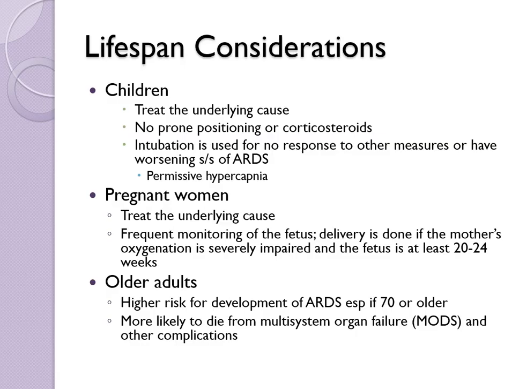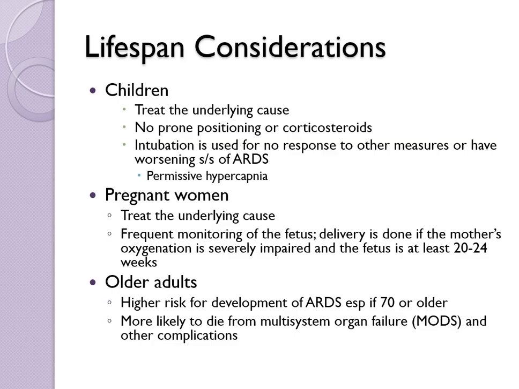So let's talk about our lifespan considerations. For children, we have to treat the underlying cause. We don't do proning, we don't do corticosteroids. Intubation is used if there's no response to anything else or we have worsening ARDS.